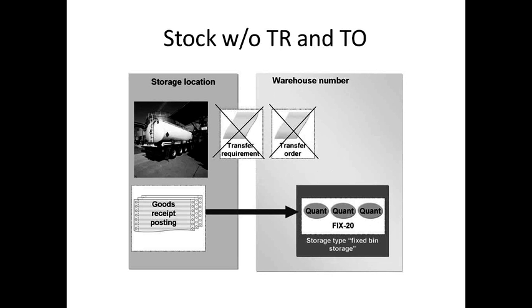So this is stock without TR and TO. There can be some processes where it is not required every time. The WM process will go like this: goods receipt, transfer requirement, transfer order, and quant updated. But every time there can be some exceptional processes.